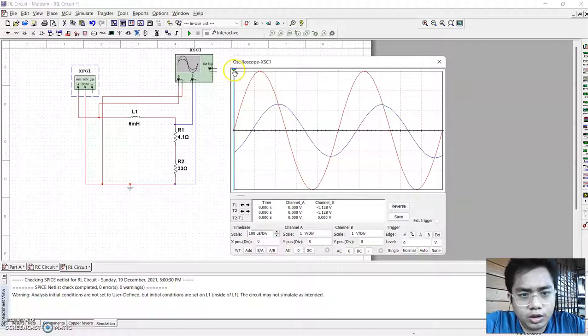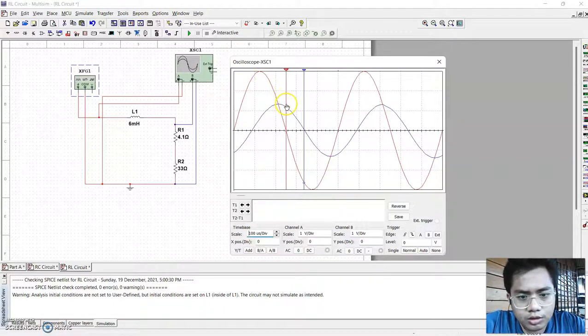To calculate the phase angle, it is T2 minus T1.